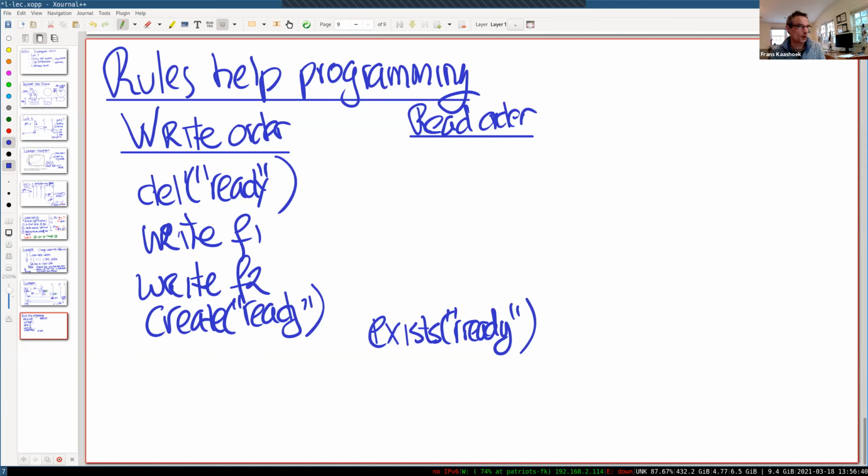Zookeeper has this operation exists, and if ready exists, then it will immediately return true, and otherwise not. And so you have to wait. So let's ignore that case for a second. Let's assume that the first client did the write operations, the second client does the read operations, and if it exists, then the client reads F1 and then reads F2.